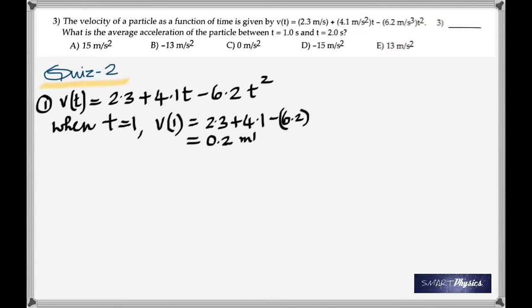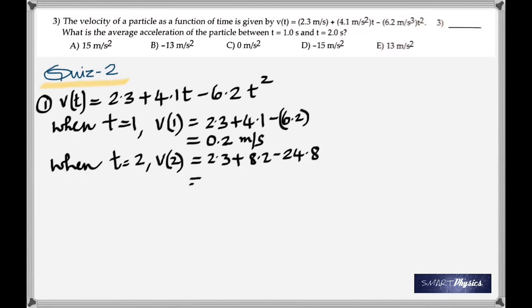So when t is 1 second, we get 0.2 meter per second. And when t is 2 seconds, it's minus 14.3 meter per second.